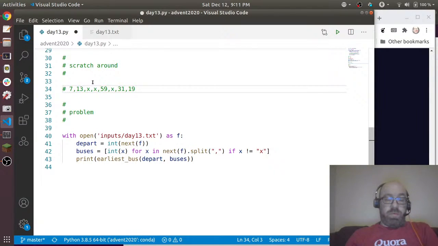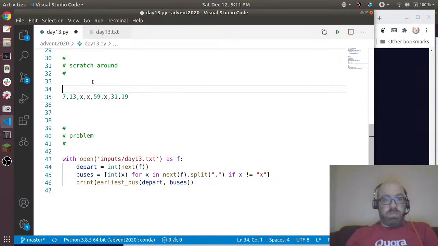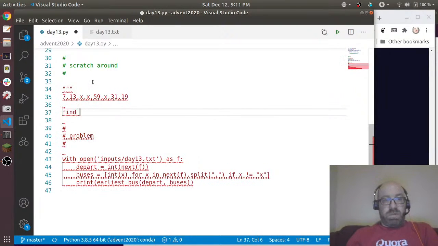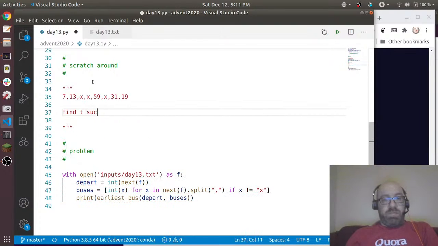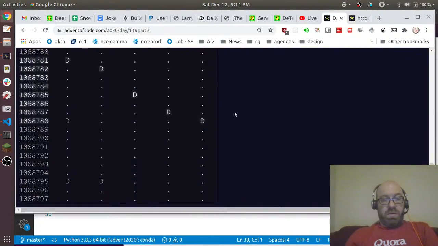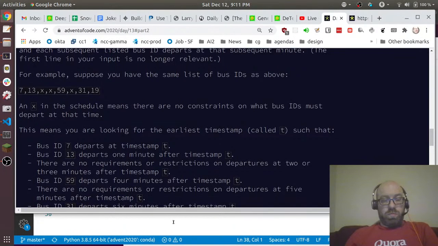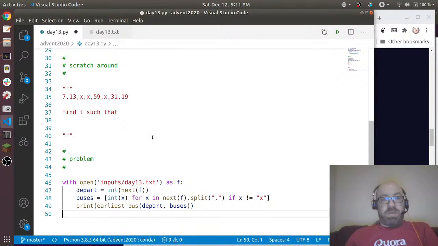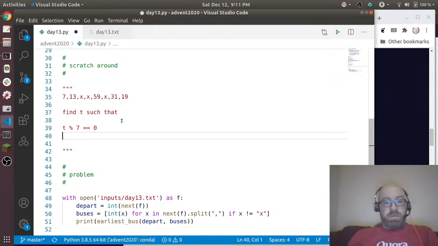So what we want is to find T such that bus ID 7 departs at timestamp T. So T mod 7 equals 0.